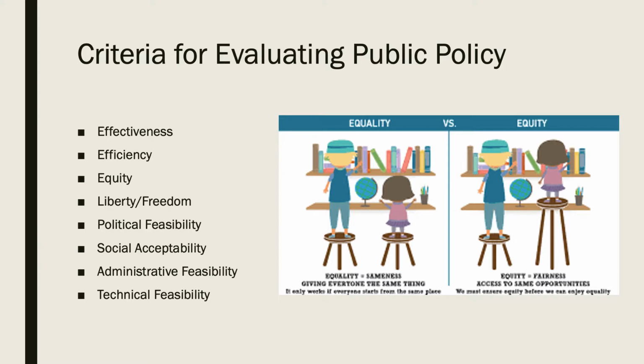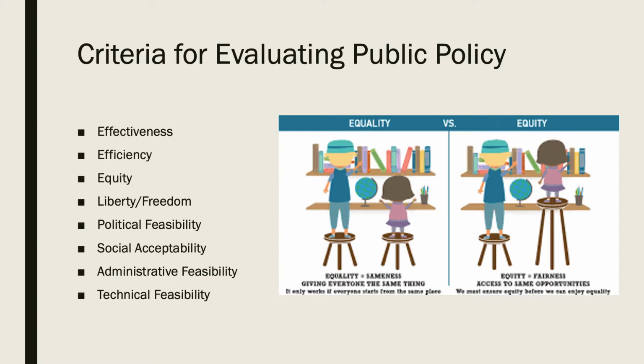Equity. So when you're looking at equity as your criteria, you're looking at fairness or justice in the distribution of the policy's costs, benefits, and risks across the population. It's difficult to measure equity, but the idea here is, is this policy distributing the benefits of the policy in an equitable way, in a way that's fair to the American people?